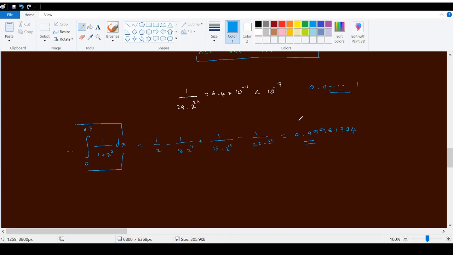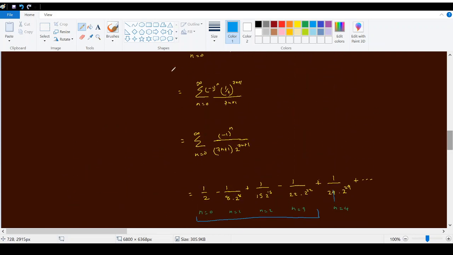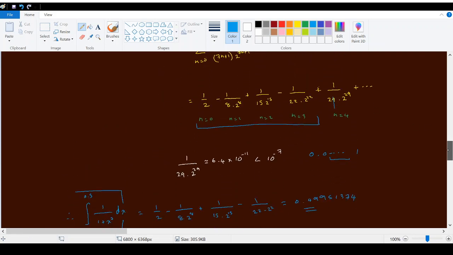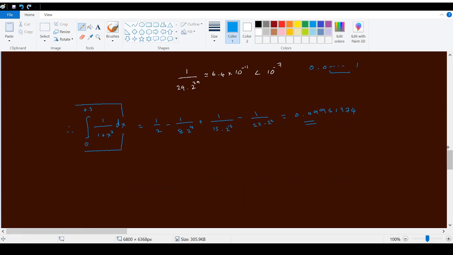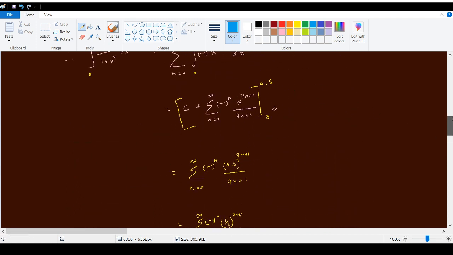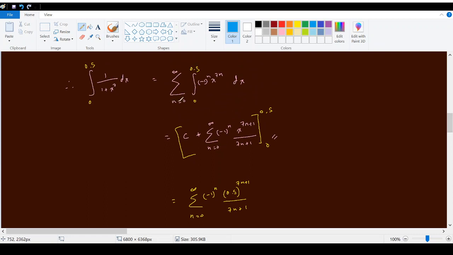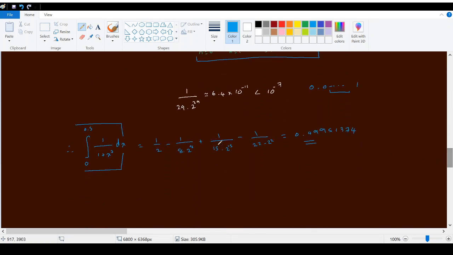But at once we have an answer for this integral. So these are some practical applications of the knowledge of power series, right? We were able to do all this because we can integrate power series term by term. So first we visualize this function as a power series, and to get the integral we integrated the power series. After that it's just adding up some numbers, right?